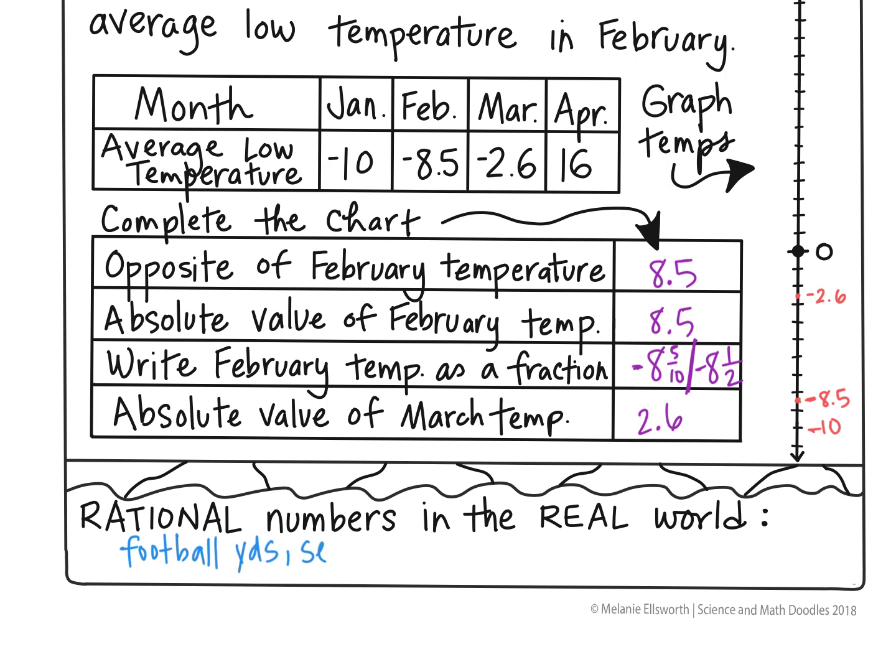Sea level. If you ever have a job or know anybody who does anything out in the sea, sea level is important. Above sea level, below sea level. Even if it's not in the sea. Above sea level is anything on the land for the most part, unless you're sinking, like parts of Louisiana are kind of sinking a little bit below. But we also have temperatures. We just had an example with temperatures.